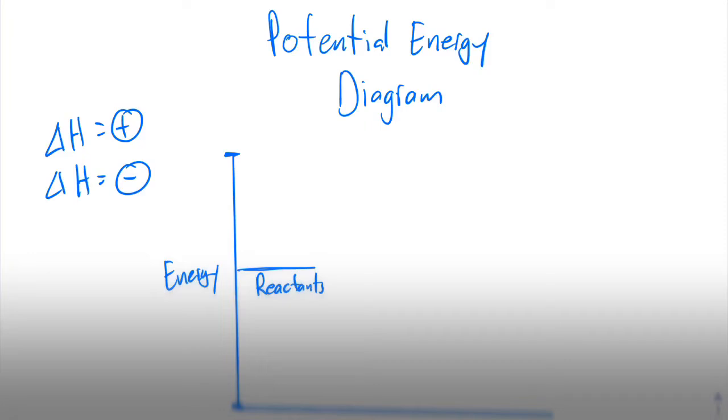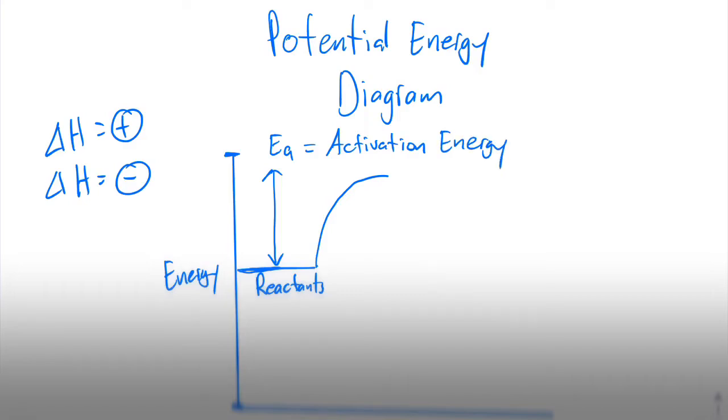So if the reactants normally have energy right here and I put more energy in, we get sort of a peak that pops up. There's a special name for this. This is called the activation energy. This is right here, and we abbreviate that E sub A. But we can call this the activation energy.